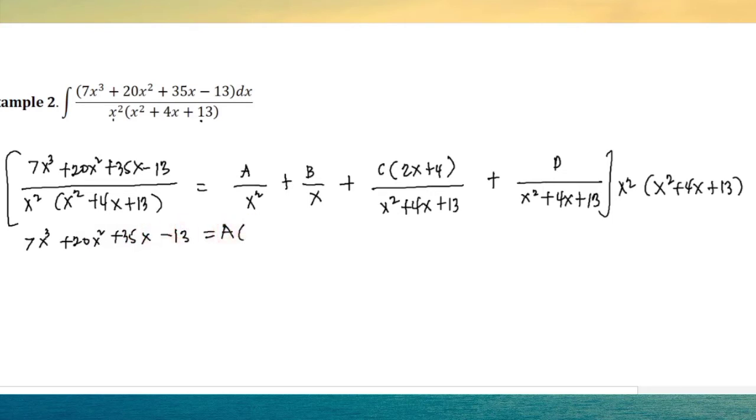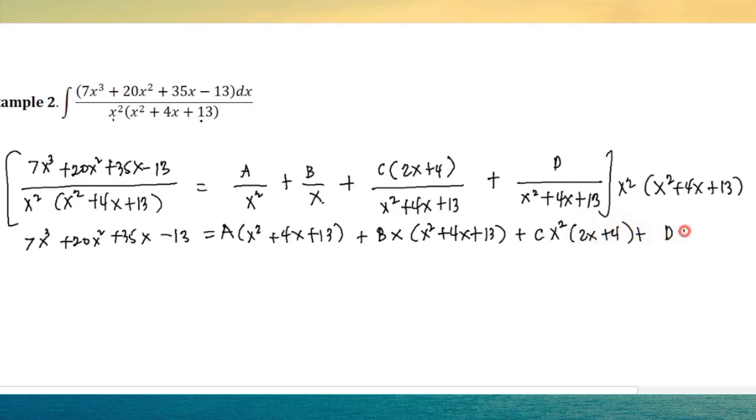This is A multiplied by the quadratic factor, x squared plus 4x plus 13, plus B, since one x will cancel with the x squared, so we have here x, and the quadratic factor x squared plus 4x plus 13, plus C multiplied by x squared, the quadratic factor cancels, multiplied by 2x plus 4, plus D multiplied by x squared, the quadratic factor cancels.